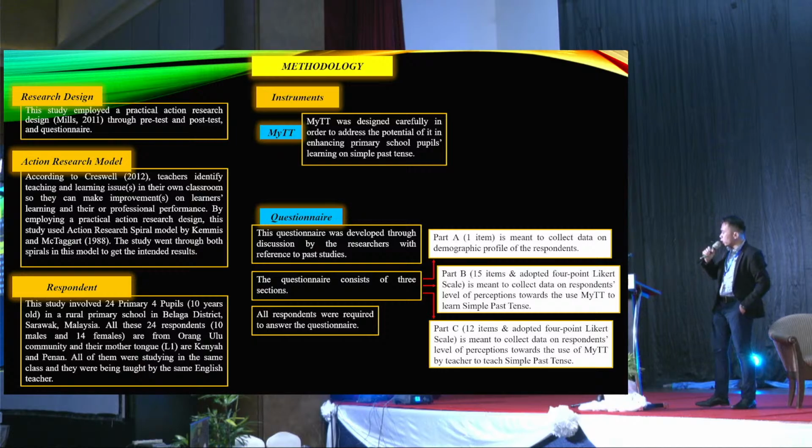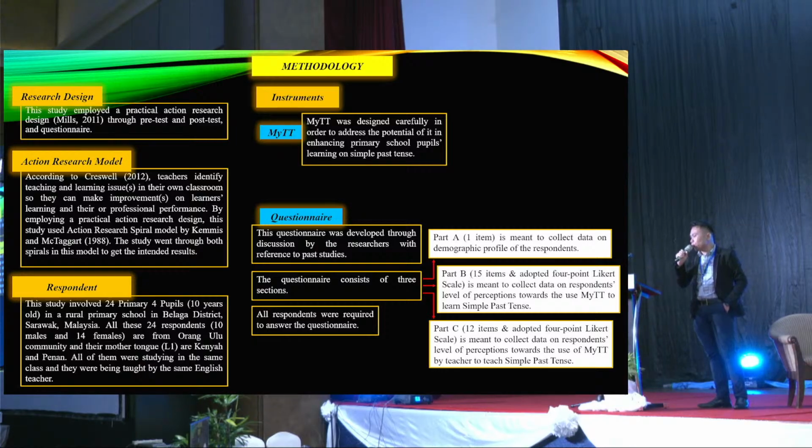So my respondents were 24 primary 4 pupils, 10 years old, in a rural primary school in Belaga District, Sarawak, Malaysia. Of these 24 respondents, 10 are males and 14 are females, from the Orang Ulu community, and their mother tongues are Kenyah and Penan. They're barely speaking English.